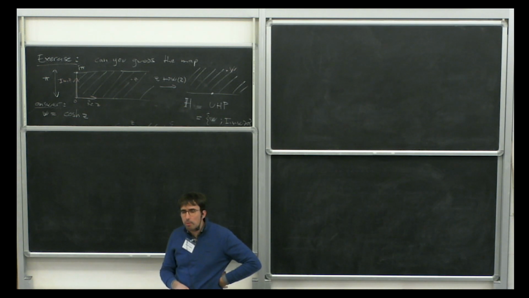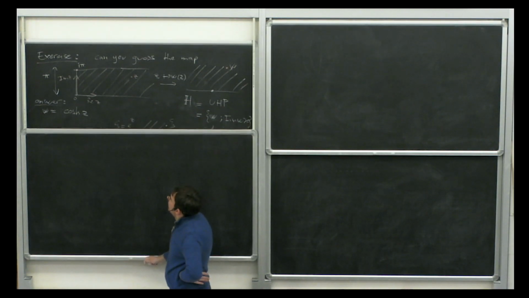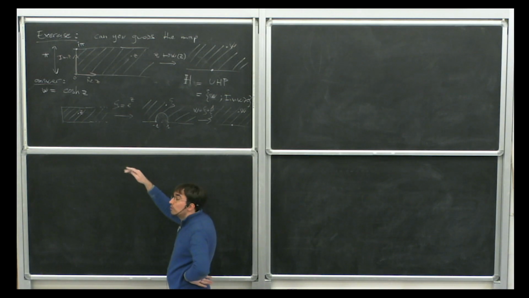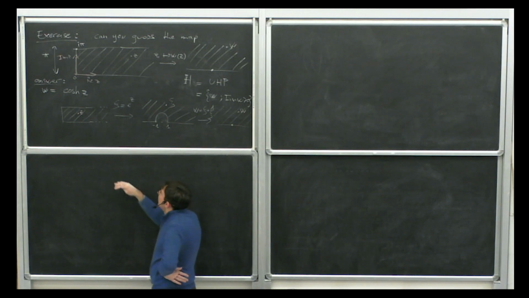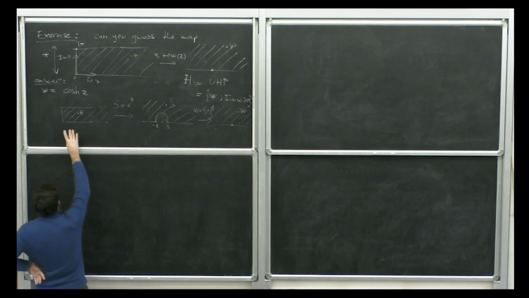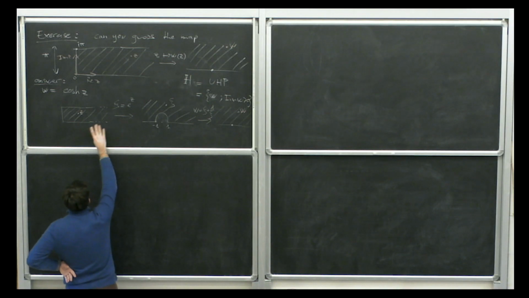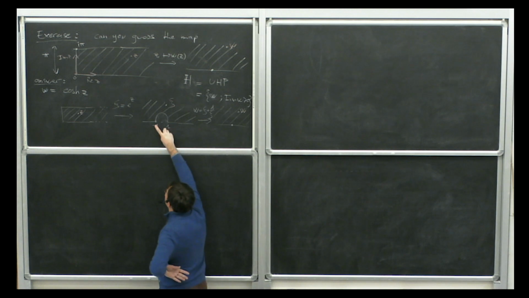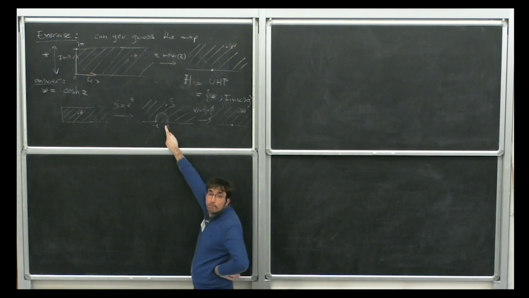I think the key word I had in mind is composition, right? You can compose different conformal maps. This is the key point. So this half infinite strip here, you can first of all, by the exponential map, map to the upper half plane minus a half disk of radius 1. This you can check.